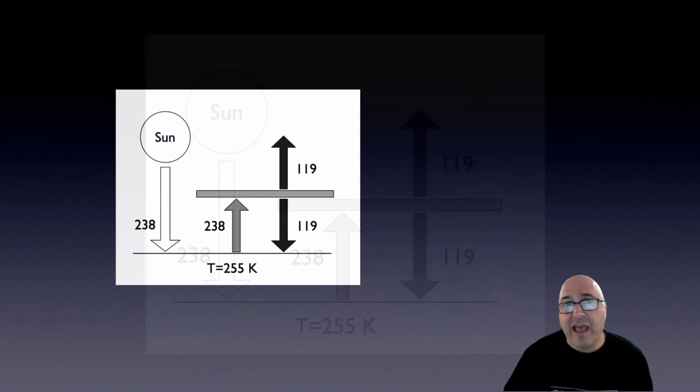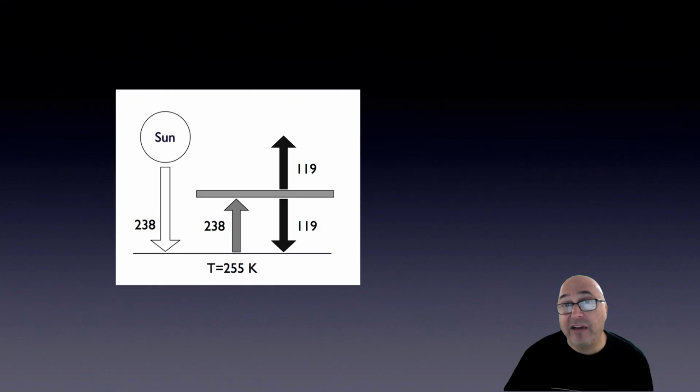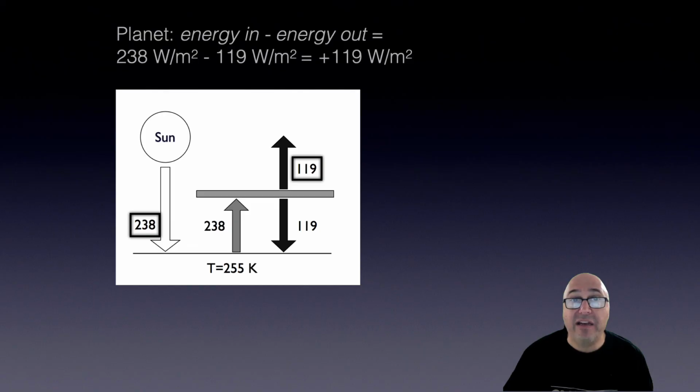If we look at energy balance for the entire planet, we find the planet is no longer in energy balance. The planet's energy in is 238 watts per square meter, but energy out, which comes entirely from the atmosphere, is 119 watts per square meter. This means the planet is accumulating energy at a rate of 119 watts per square meter.